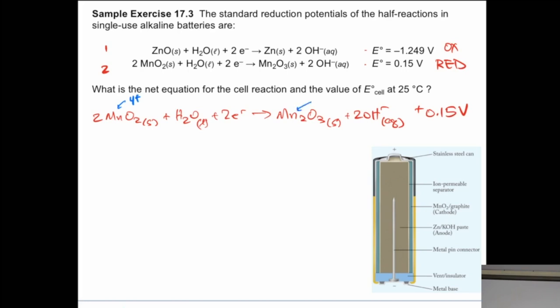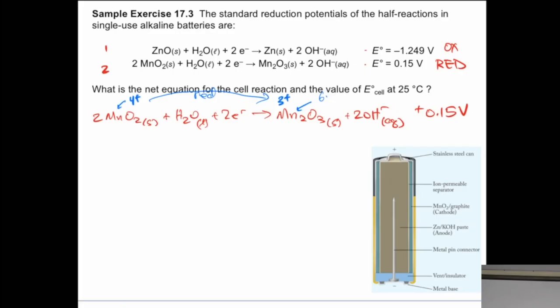What's the charge state of manganese in Mn2O3? If this is 6- charge, that means the plus charges have to come from the manganese, and there's 2 of them. So what's the charge state of the manganese ion? 3+. So we're going from 4+ to 3+. It's being reduced.